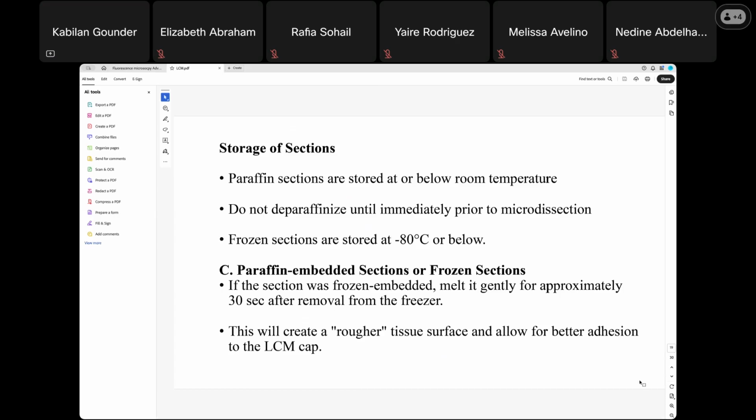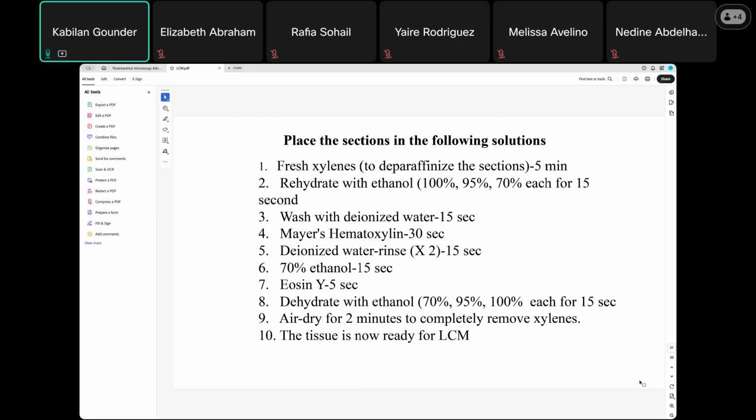If you take cryosections, you can store them at -80 degrees centigrade as we described. If the section was frozen embedded, melt it gently for approximately 30 seconds after removal from the freezer. This will create a rougher tissue surface and allow for better adhesion for the laser capture microdissection.